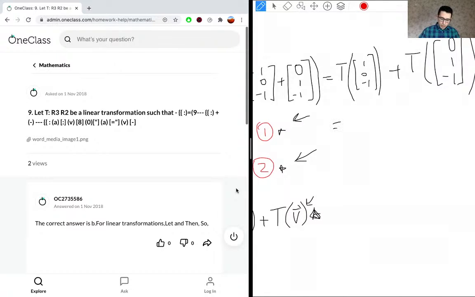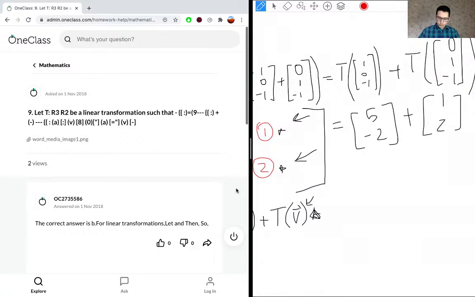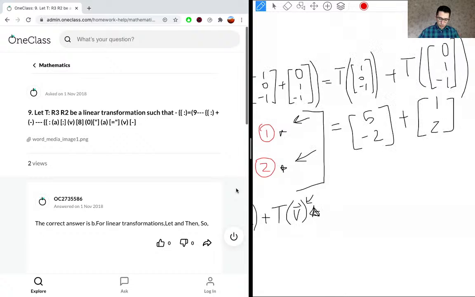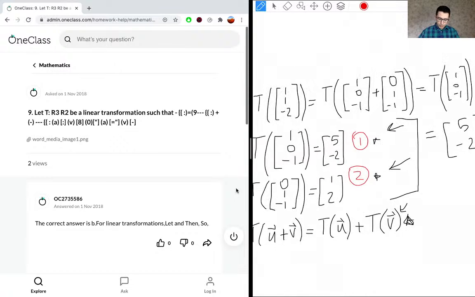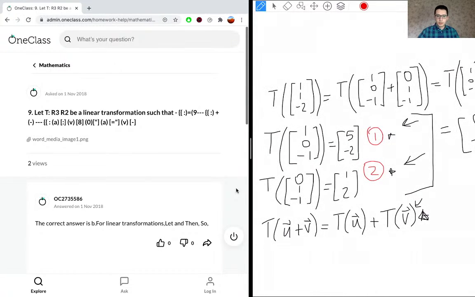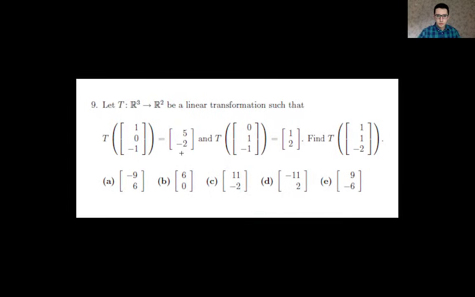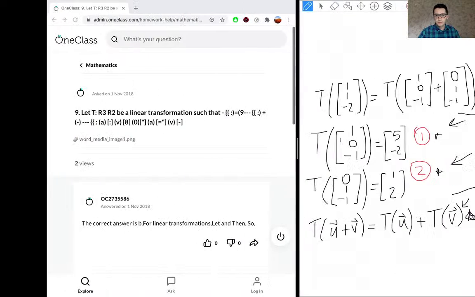Subbing those two values in, the first one is (5, -2), and then the second one is (1, 2). We just got them from over here. These were given in the question, and we just have to solve for this now.